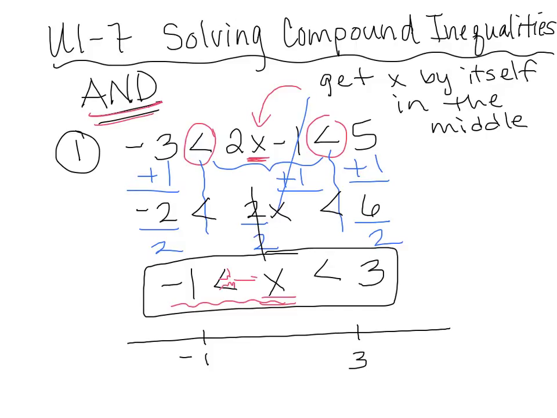It's eating the bigger side, so x is greater than -1, which means an open circle at -1 and shading greater than it, or to the right. But then on the other side, x is less than 3. So we have an open circle at 3, and we're shading less than, which is to the left.